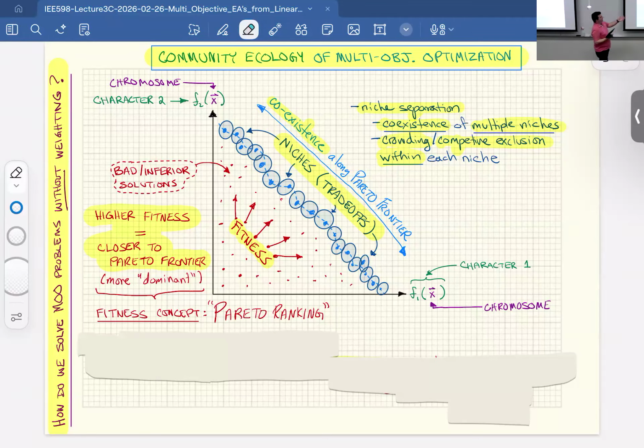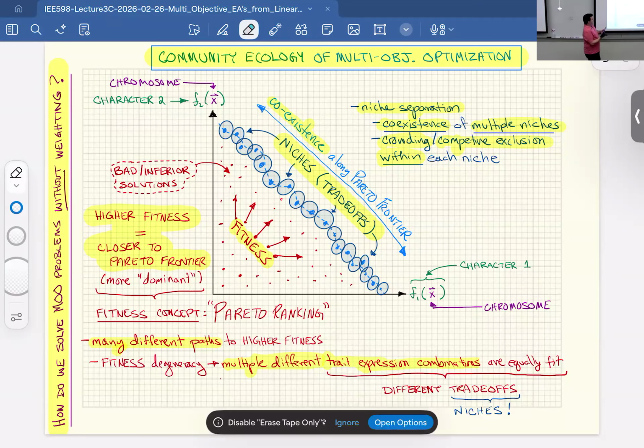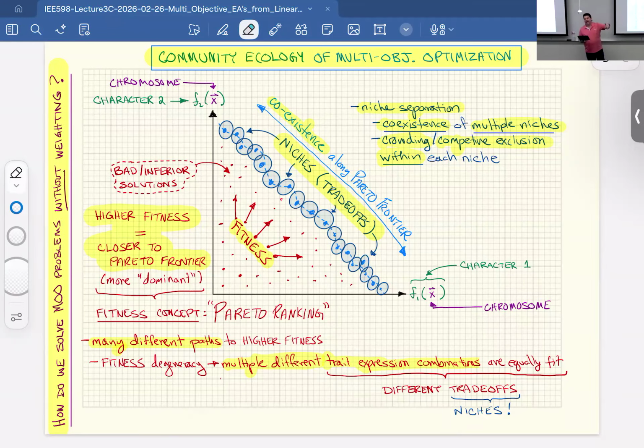And so the fitness concept we're going to start with is called Pareto ranking. The idea behind Pareto ranking is that it counts how dominant you are and uses that as your fitness. The trouble with this is there are going to be many different paths to higher fitness.